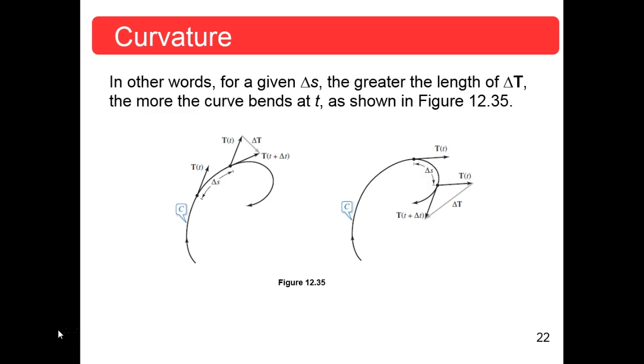Now, when it's over here, that's a fairly small delta T. And the delta T divided by delta s, which is a bit longer, makes that ratio a little bit smaller, because you're dividing one number by a number fairly larger than it. But over here, where the curvature is great, here's your T at t. Same delta s here. That looks like it might be a little shorter, but it's supposedly the same delta s. And then here was your previous T of t, here's your new T of t. Look at that change, not this little bit, but that bit.